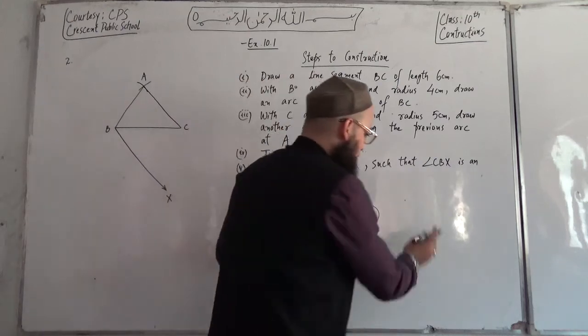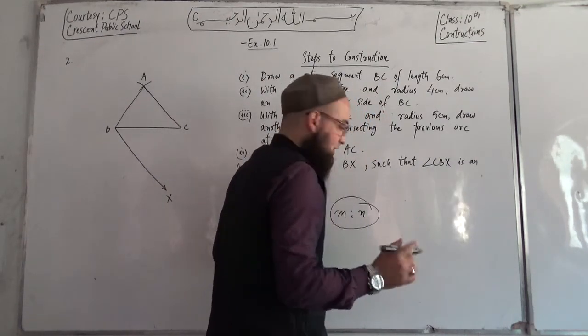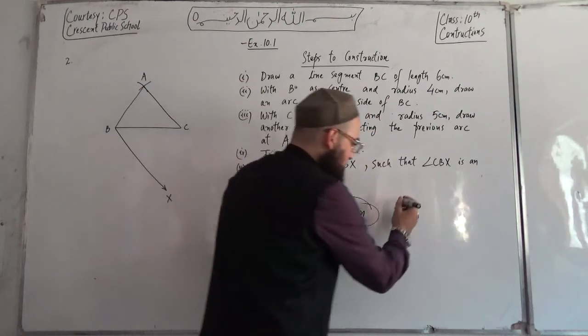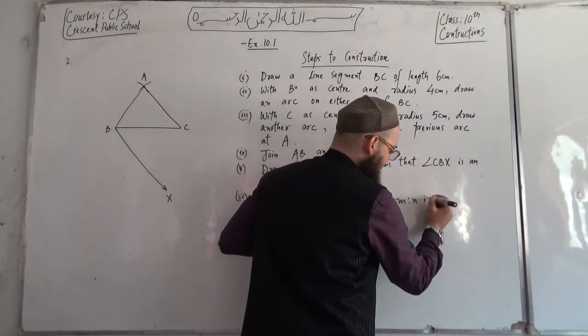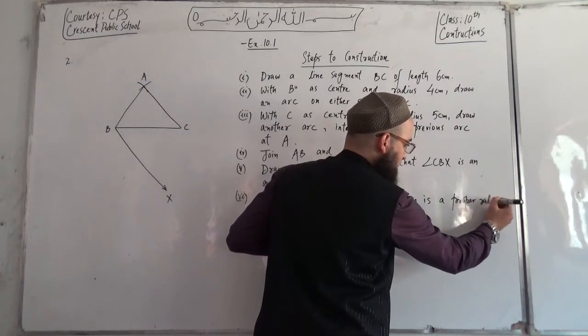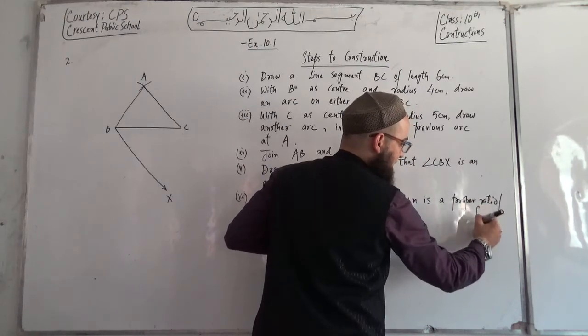You got it? So there are two kinds of possibilities here. Number one is m:n is a proper ratio or proper fraction.